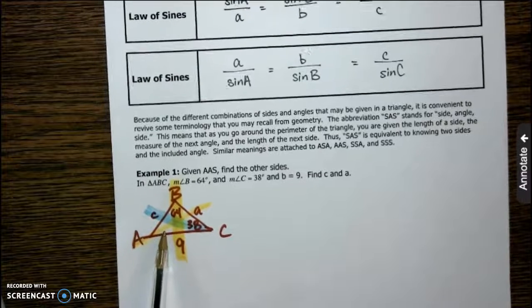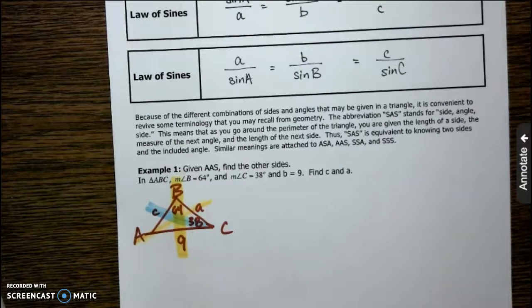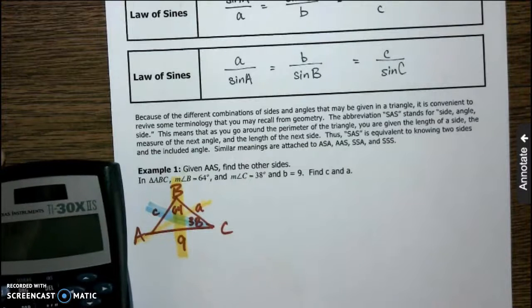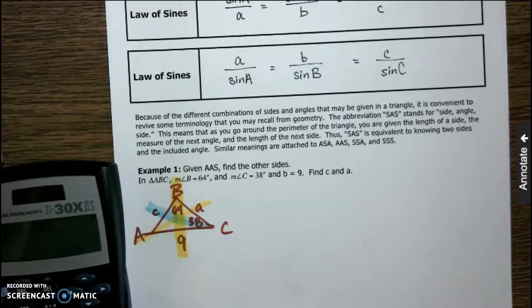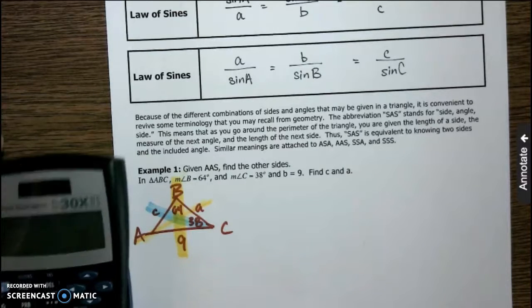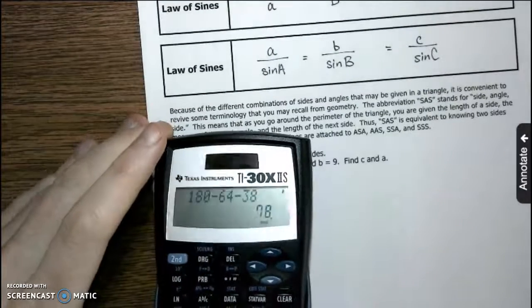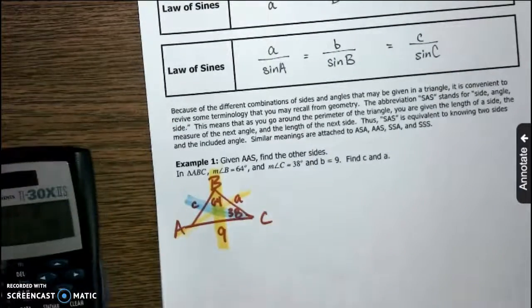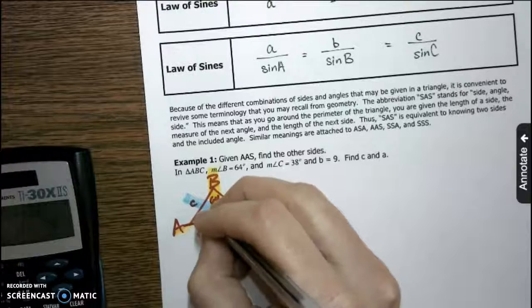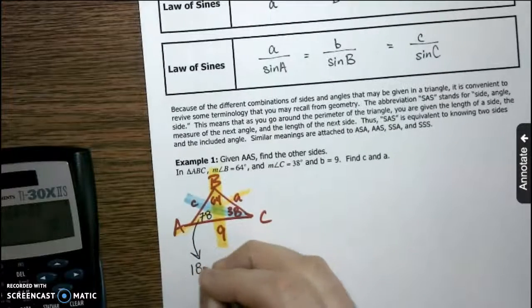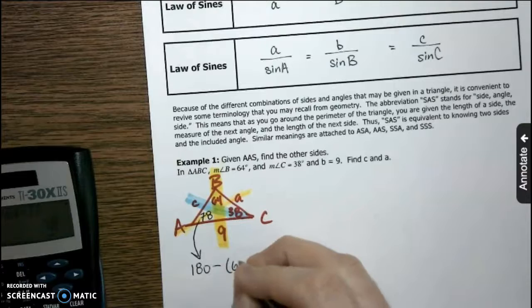If you remember, in geometry, all triangles add up to 180. So if we do 180 minus the other two angles, you get 78.